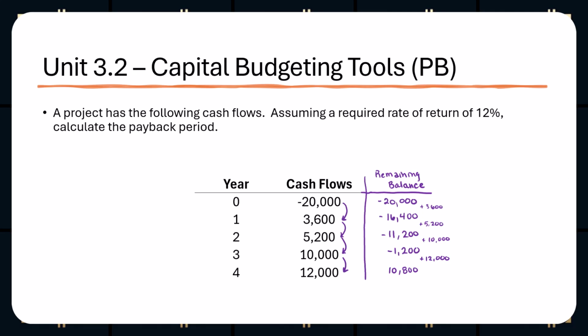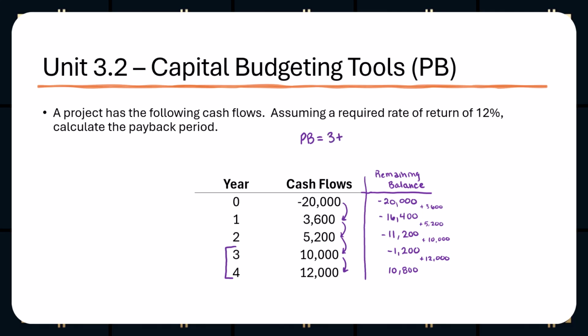Now what this tells me is that my payback period falls somewhere between the end of year 3 and the end of year 4. It cannot be less than 3, and it cannot be any greater than 4. So what I'll say is that my payback period, or PB, is simply equal to 3 plus something.